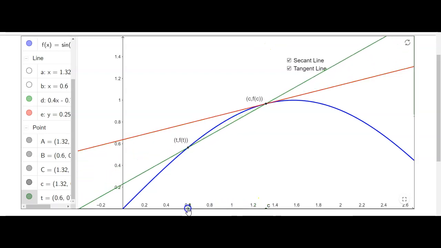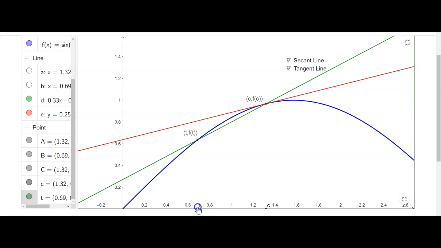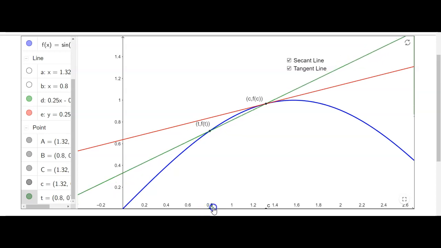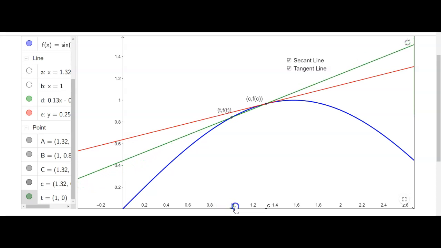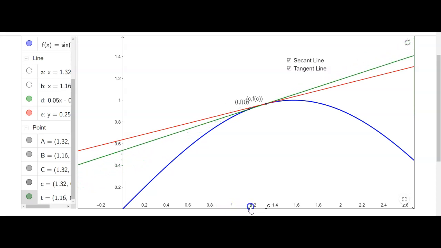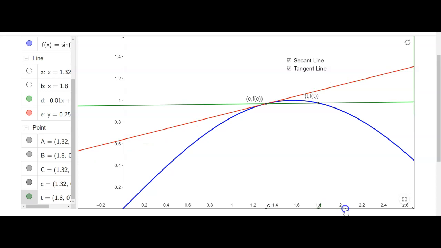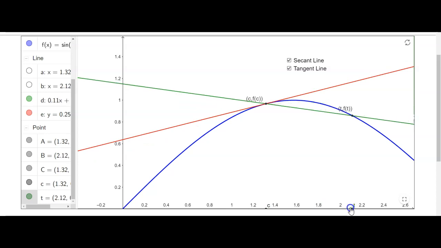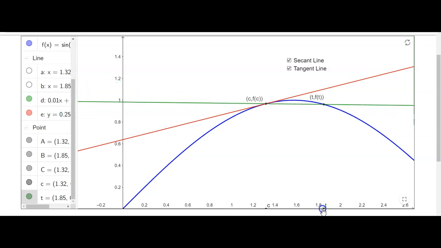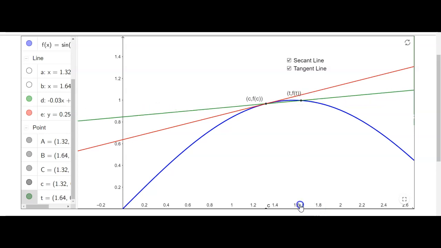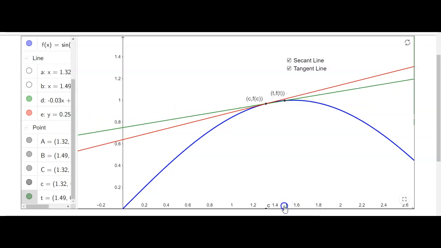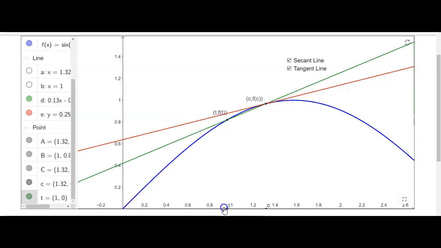So as I moved the t value closer and closer to c, as I approach c from the left, the slope of the secant line approached the slope of the tangent. The same thing happened when we approach from the right, right? As we move this way, the secant line slope is still approaching the slope of the tangent line.